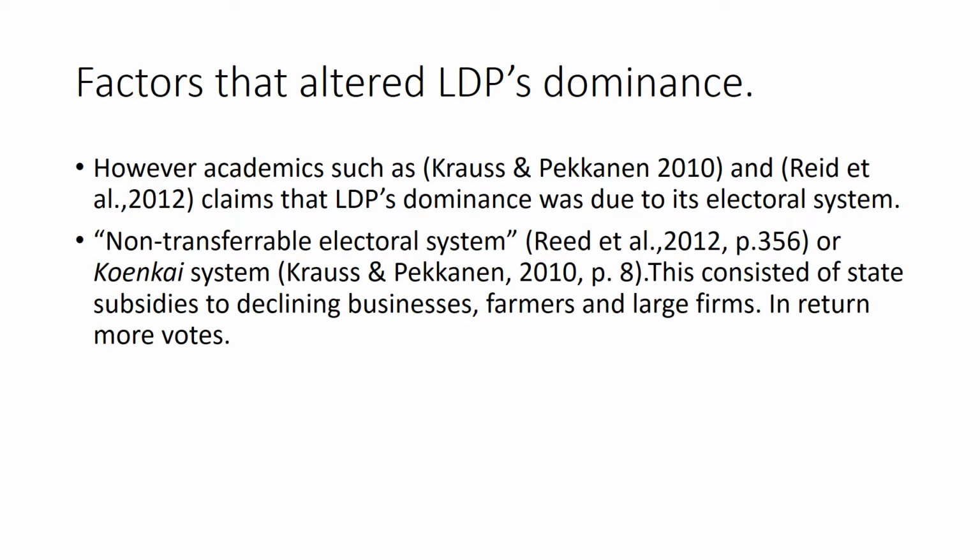And the LDP, once it did return to power, had to reduce particularistic spending and undercut many of its long-standing clientelistic relationships. So basically what the LDP did, they deregulated markets from the financial system to the postal system.